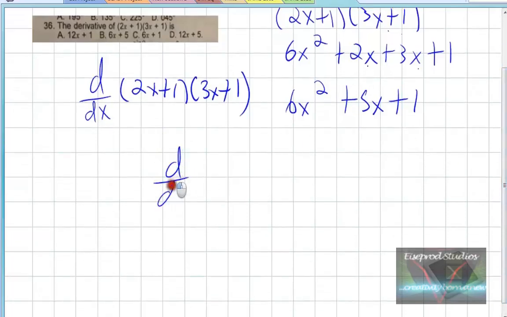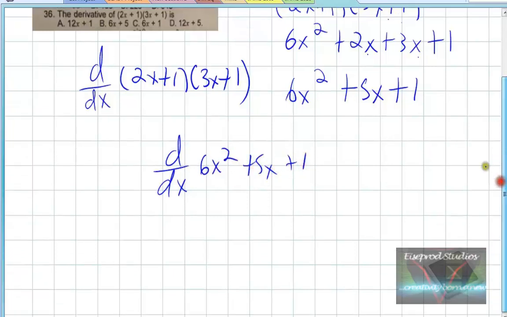So d/dx of 6x squared plus 5x plus 1. Remember with the power rule, when you have x squared, you bring the 2 down and multiply it by 6, and then subtract 1 from the 2.